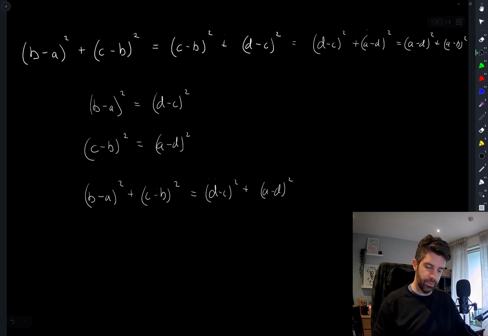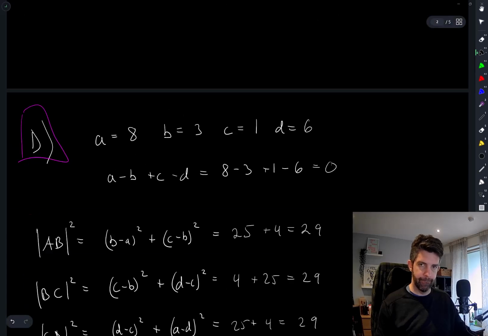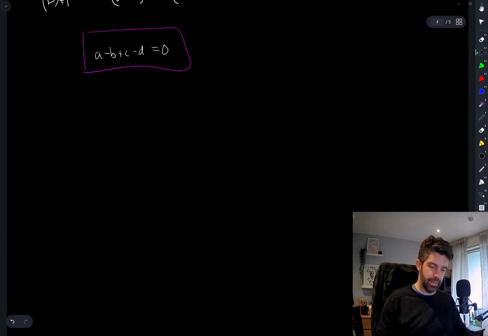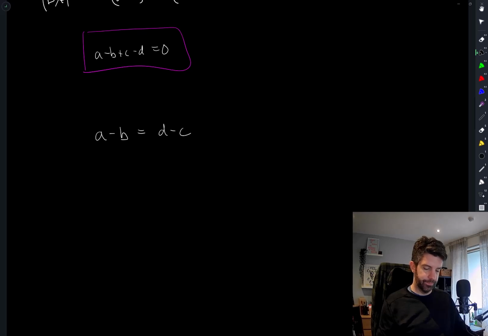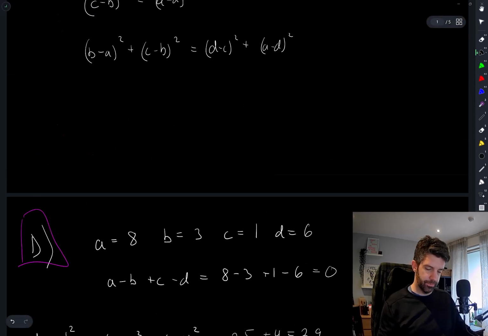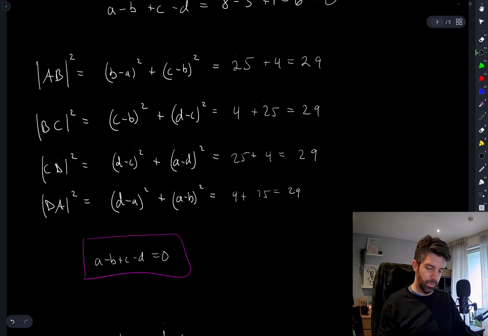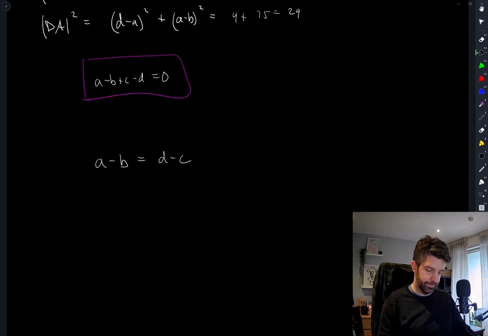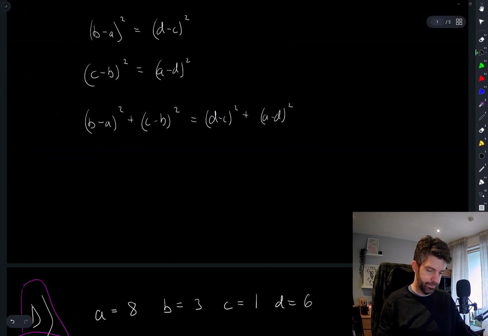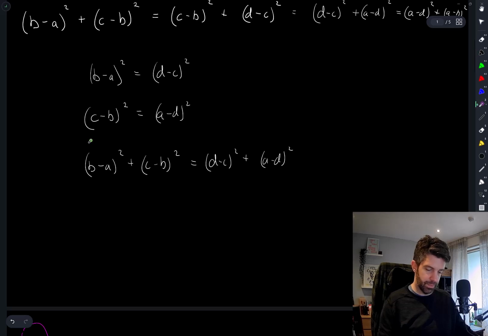Well, I guess we can rearrange it to say A minus B is equal to D minus C, which implies this. But we can also rearrange it to A minus D is equal to B minus C, which implies this.